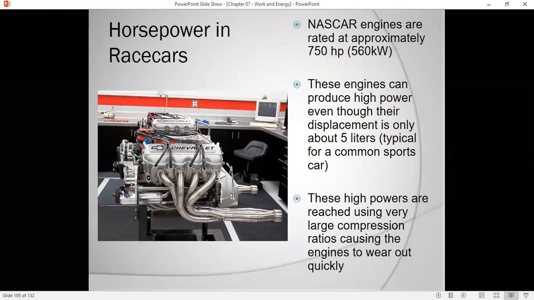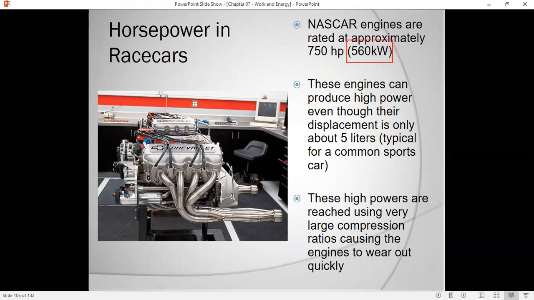Here's a NASCAR engine. This has a power output not quite as large as some of the other cars, but still pretty extreme. For only a 5-liter engine, it's half a megawatt, 750 horsepower. But here's the downside of these engines.